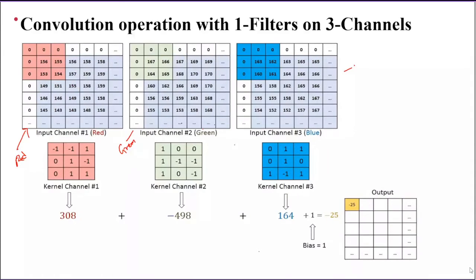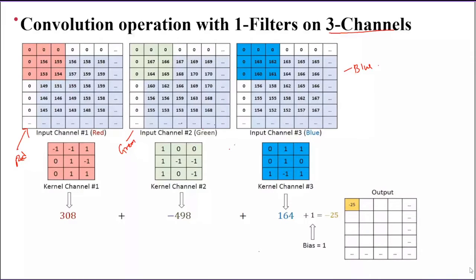The pixels of the red channel will be different from the pixels of the green channel and different from the pixels of the blue channel. So in a 3D convolution operation, if we take one filter, even though the channel is 3, then automatically what happens? We are taking 3 filters.